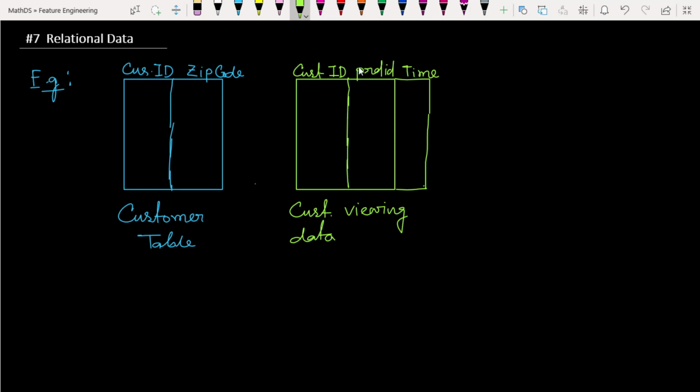That is what this table tells us. And there is another table.